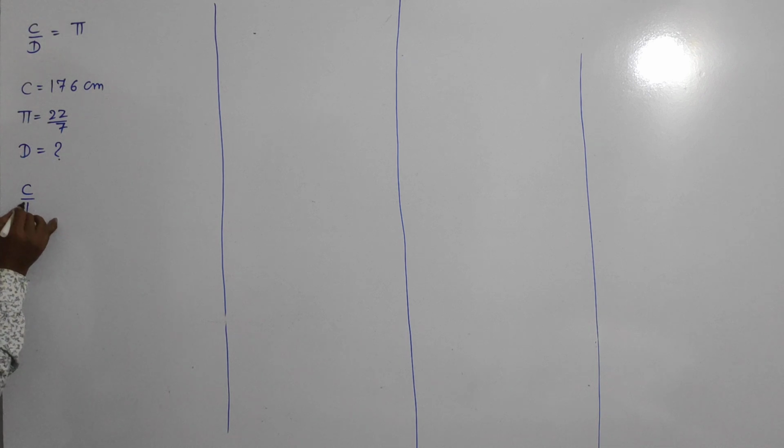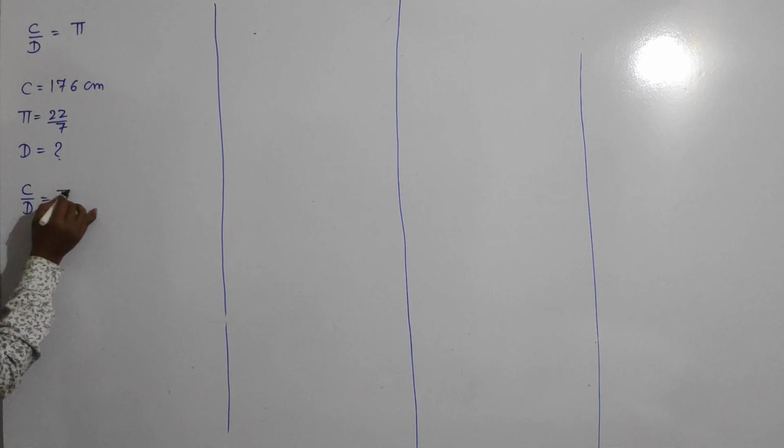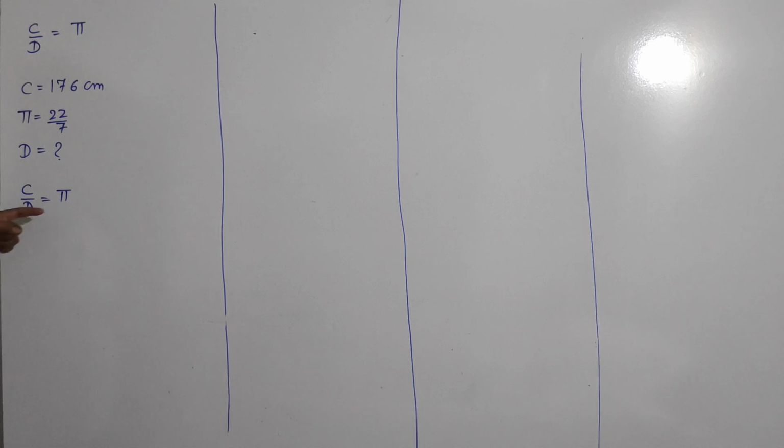C upon D is pi, right? This is the formula. C upon D is equal to pi.